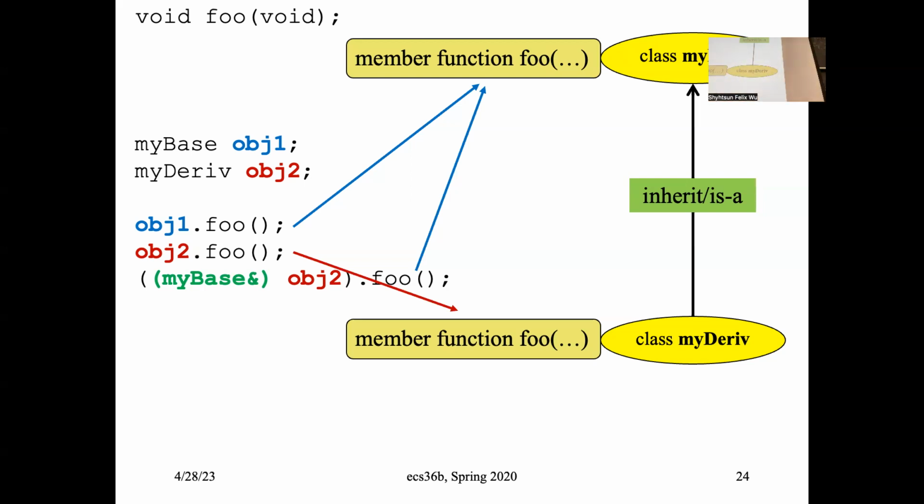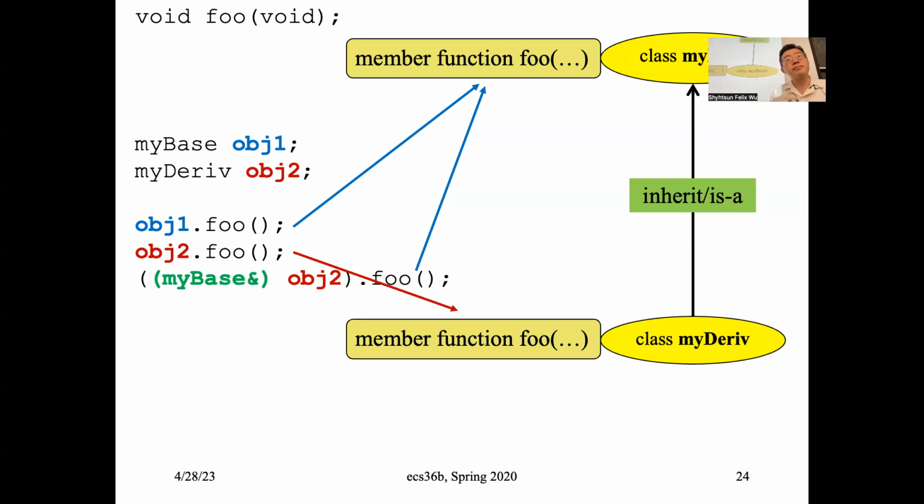So in the third case, you can see that foo is directly connected to the pair of parentheses, and the compiler is going to evaluate everything as the type my base. Therefore, it's going to call my base.